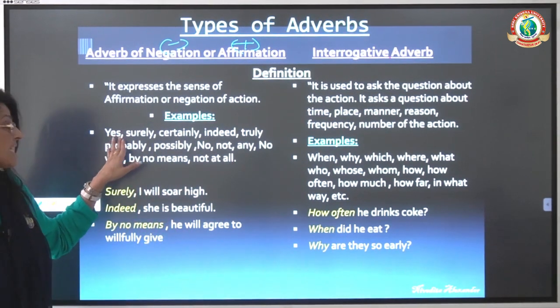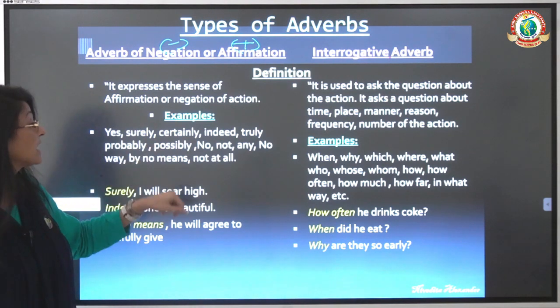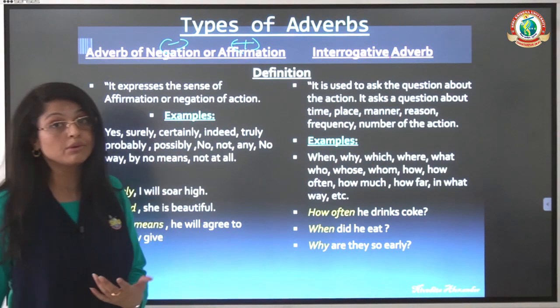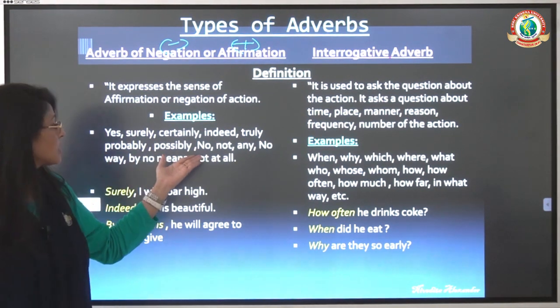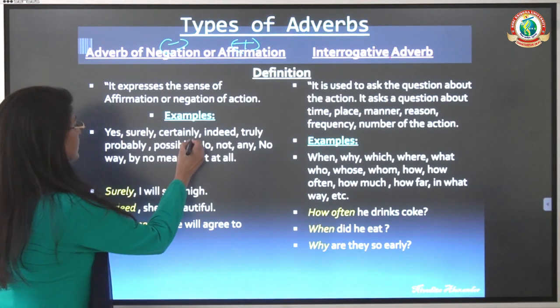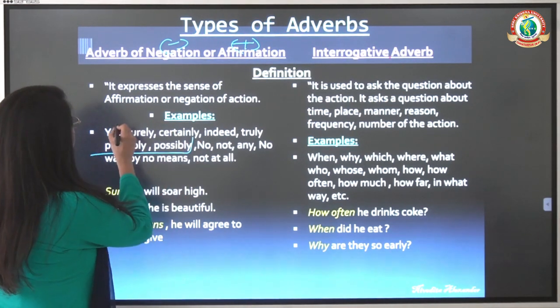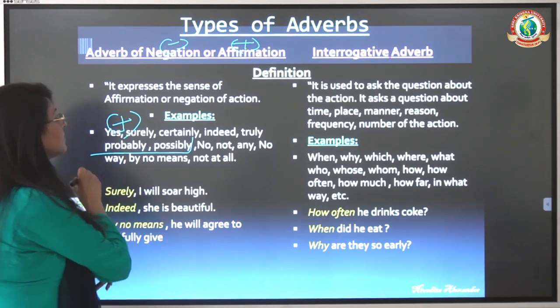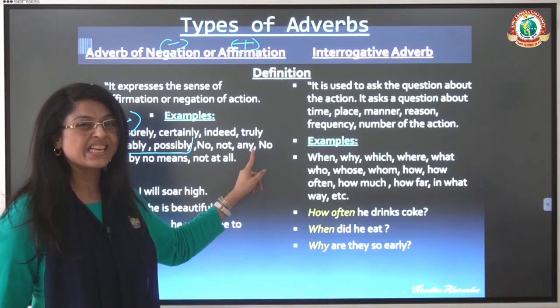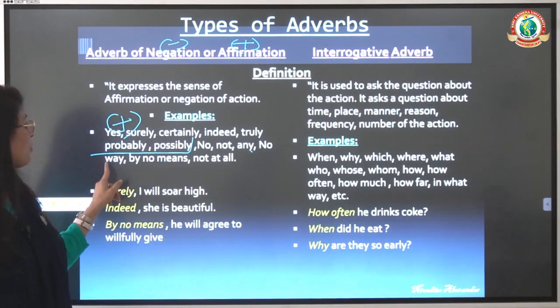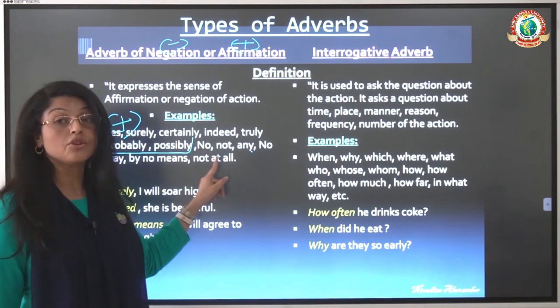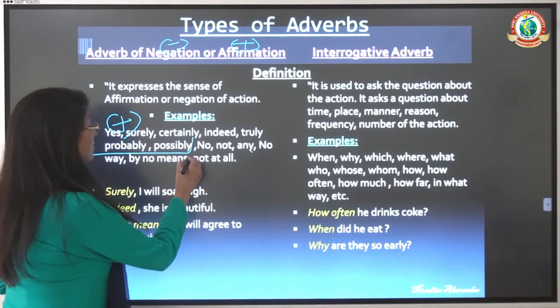Here, so yes, surely, definitely, certainly, indeed, truly, probably, possibly. Now, these are all affirmation. Clear? Positive. No, not, any, no way, by no means, not at all. So these are also phrases.